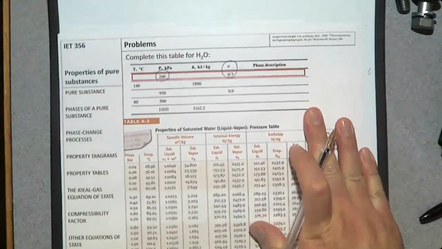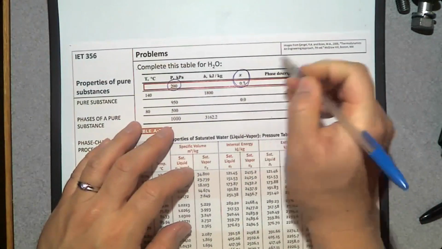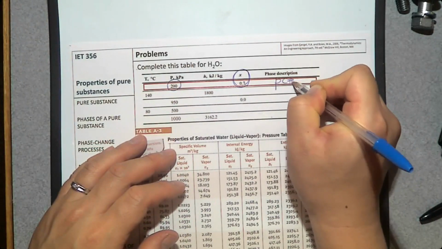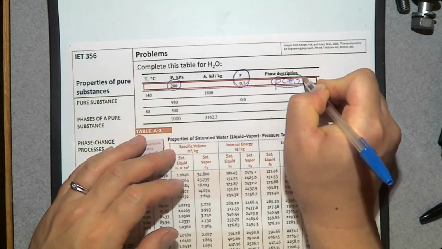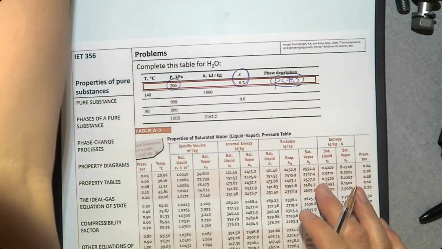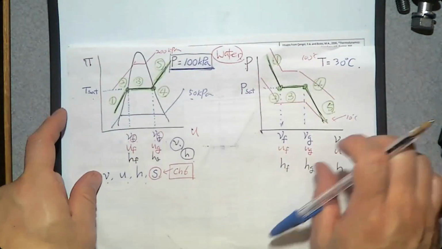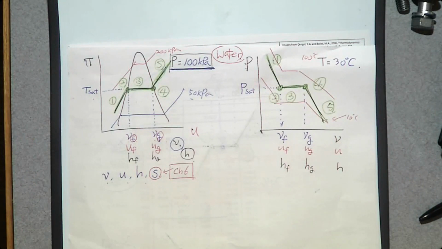So from this quality X of 0.7, this is phase change process number 3, saturated mixture. If you have a saturated mixture, what is its temperature and pressure?